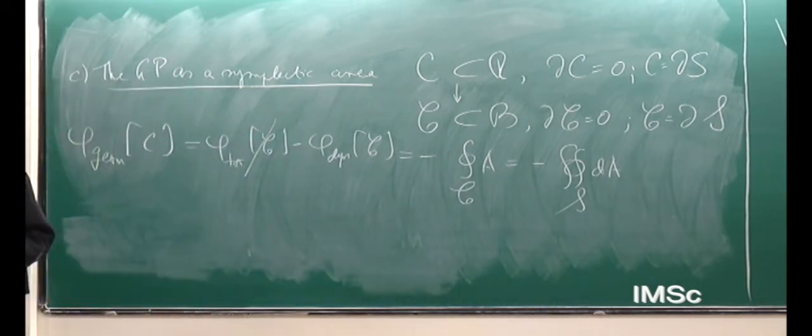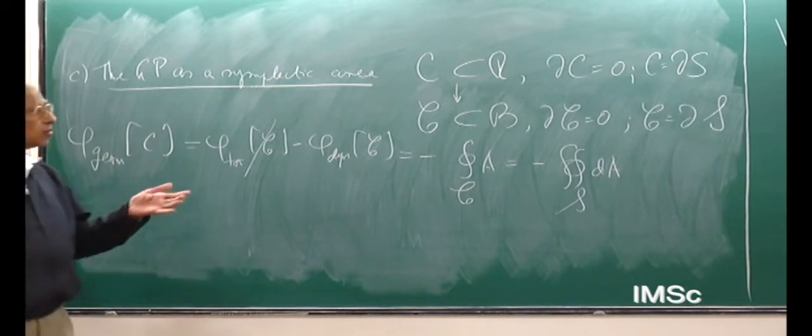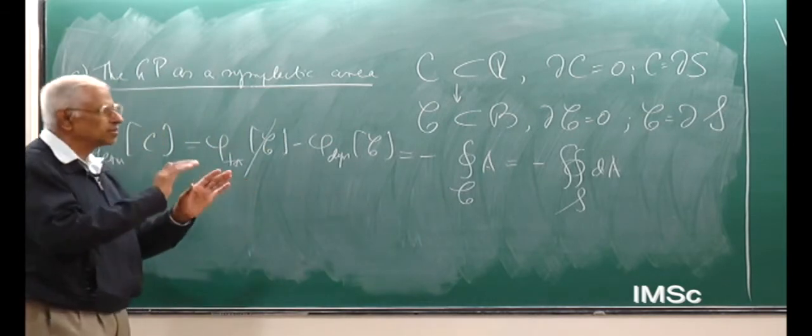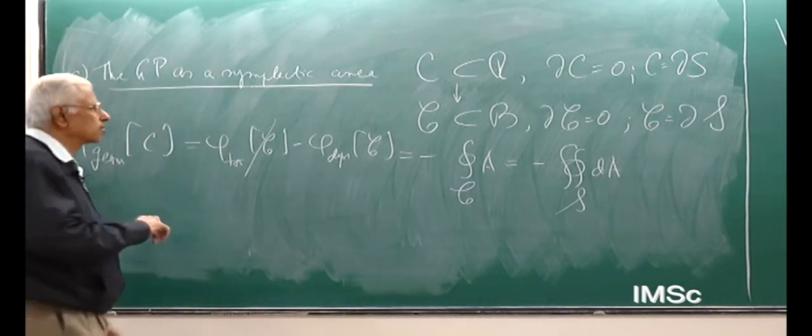You can have a space of any number of dimensions, minimum 2. There is no difficulty in principle. You have to get used to notations and conventions and so on.